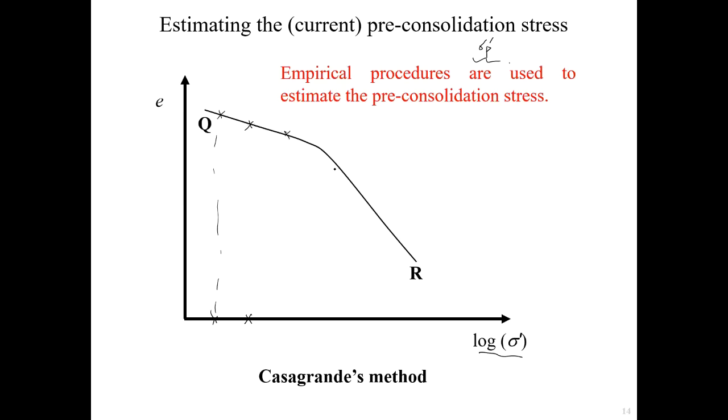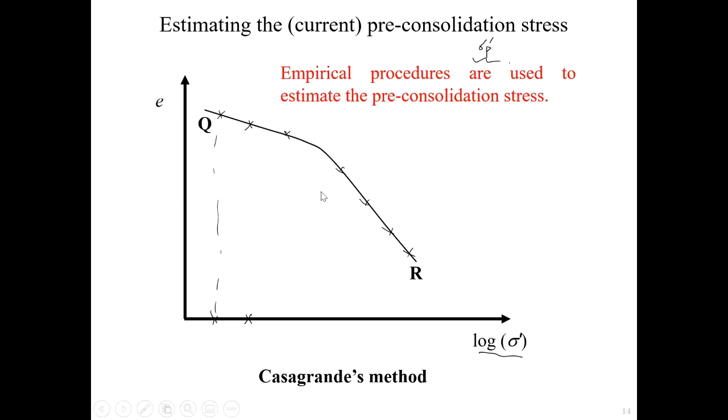If we do the same way, we get a series of points, and if we connect those points with a smooth curve, we get this e-log sigma prime curve. One purpose of doing so is to derive this pre-consolidation stress.